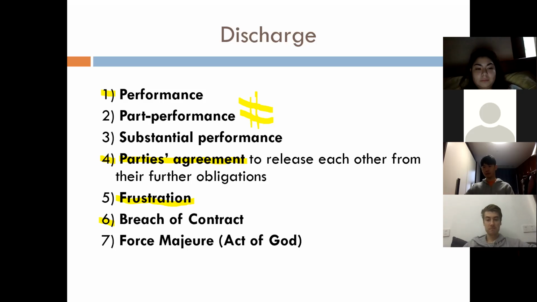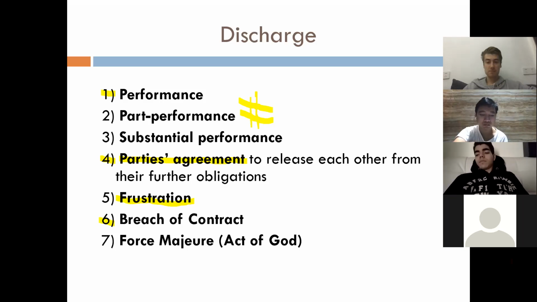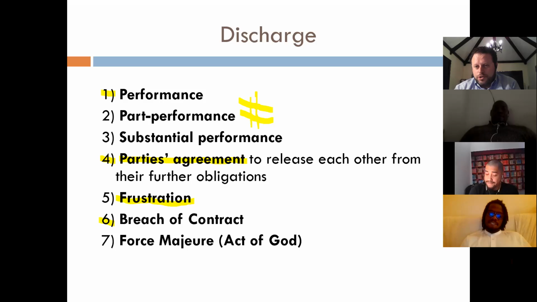So what if, though, I decide to accept Jordan's 500 cases? But I call you, Jordan, and I say, listen, man, I'm going to take the 500 cases, but I'm not paying you anything because you promised me 1,000. You didn't give me 1,000. So I'm not paying for any of it.